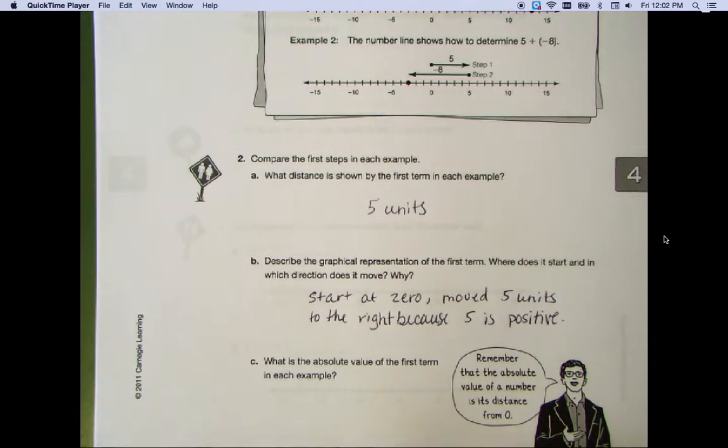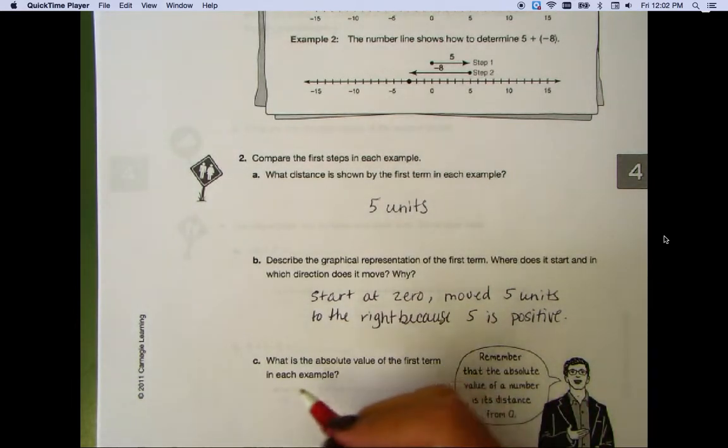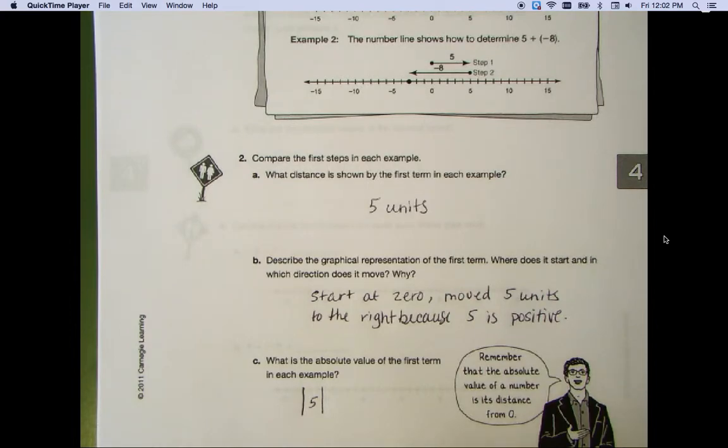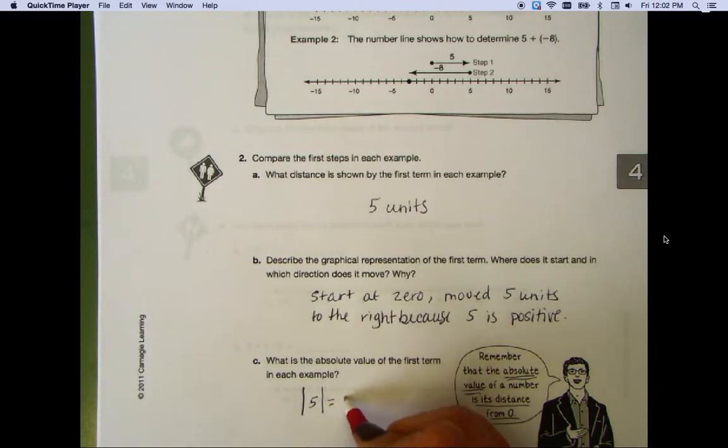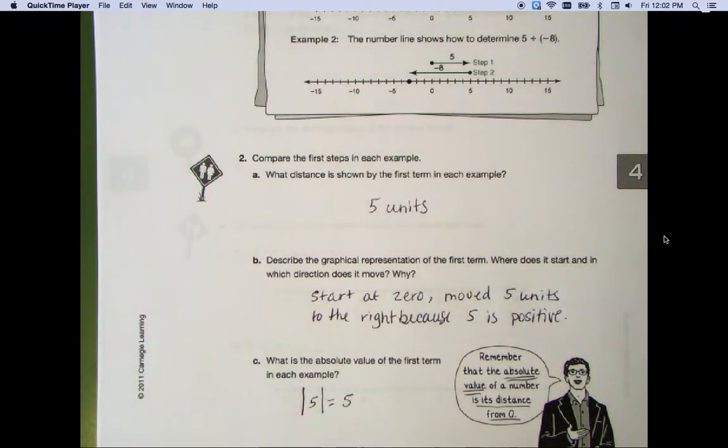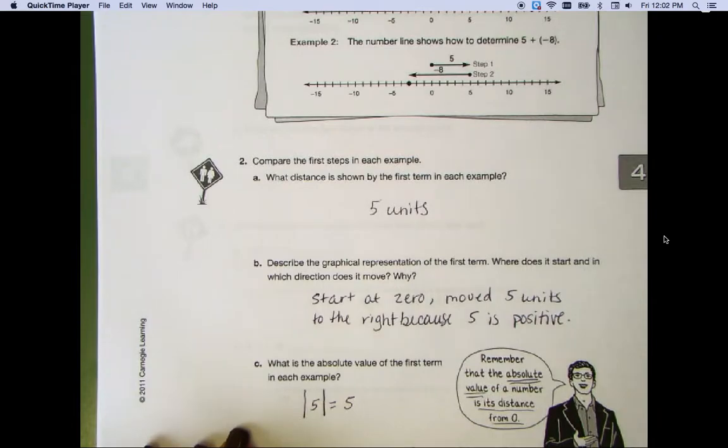So now they ask me, what is the absolute value of the first term? Remember, absolute value is written like this. It's the 2 bars on either side. And you learned about absolute value, I believe, last year. Absolute value of a number is its distance from 0. So 5 is 5 spaces from 0 on a number line.